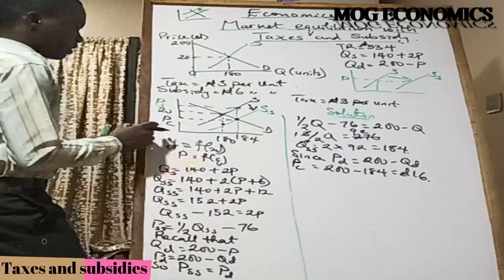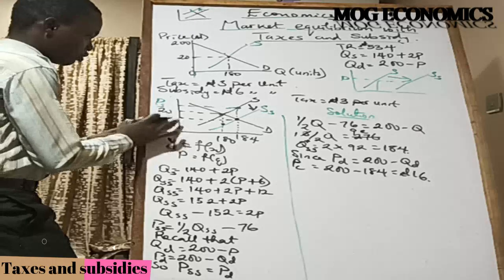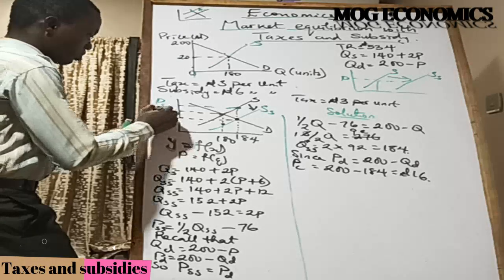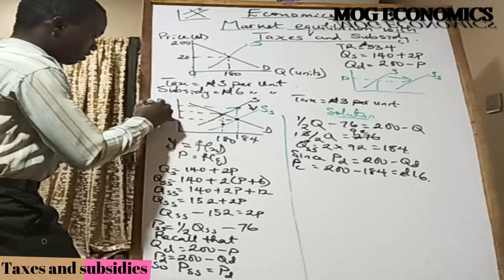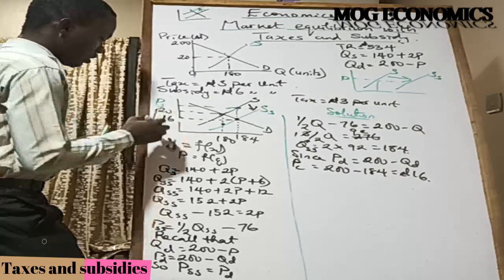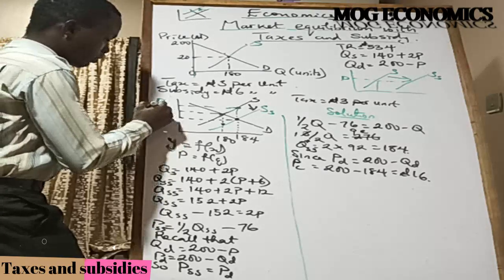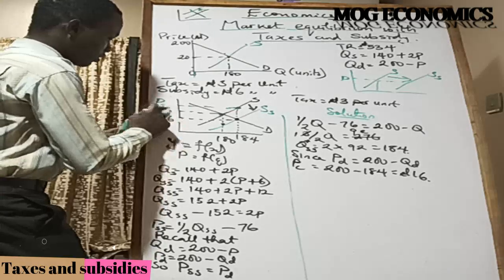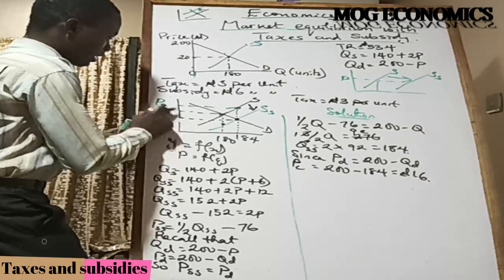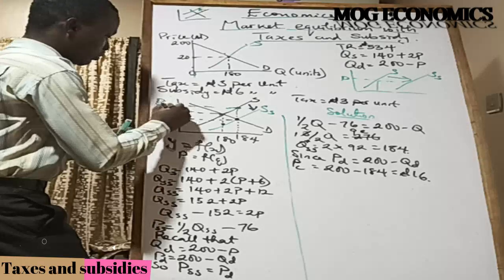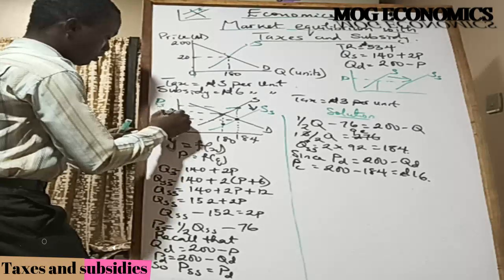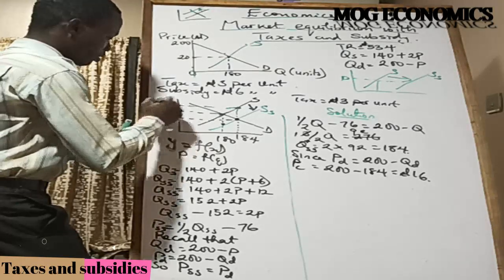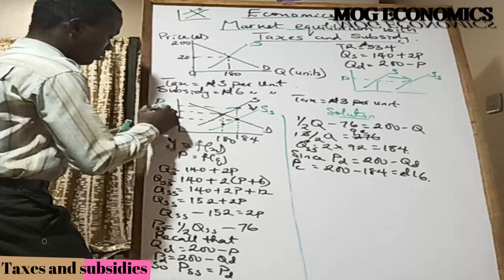So the price that consumers are paying will be 16 naira. Is it making sense with the theory? Yes. So consumers are benefiting, they are getting plus 4 of the subsidy. So they are not getting the entire subsidy. The price that consumers are paying is not reducing by the entire amount of the subsidy.